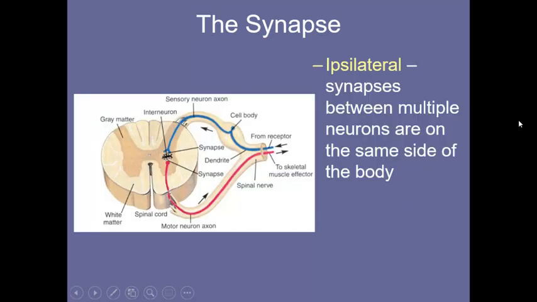All right, and then we got to talk about how that information is passed from one area to the next. So going back to those terms from like the first day of this class, I talked about ipsi and contra and all those kinds of things in that particular session. So an ipsilateral response basically is when you have nerve cells sending information. So here's coming in sensory right here. Also remember that's afferent.